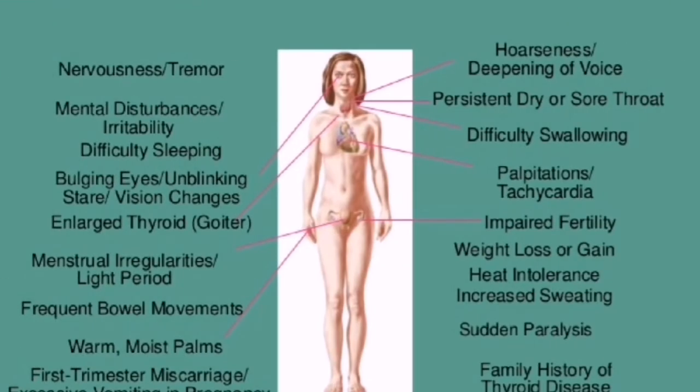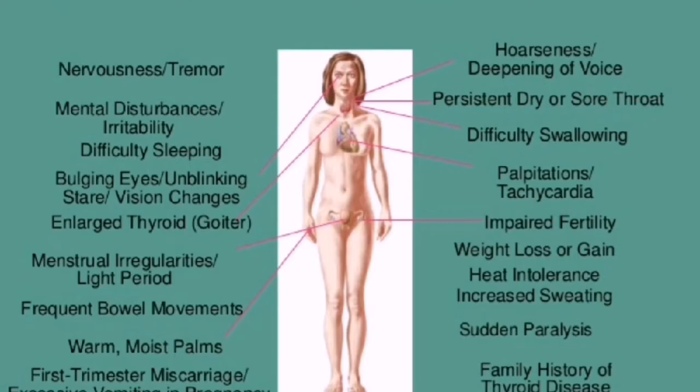You can see some symptoms of hyperthyroidism: nervousness, tremors, mental disturbances, irritability, difficulty sleeping, bulging eyes, and a large thyroid goiter, menstrual irregularities, frequent bowel movements, warm, moist hands, and miscarriage as well.